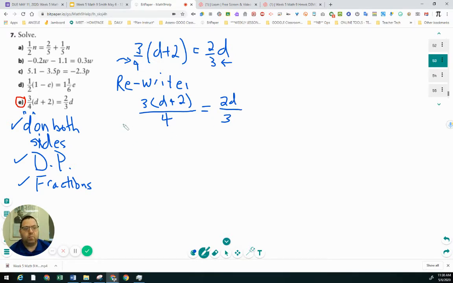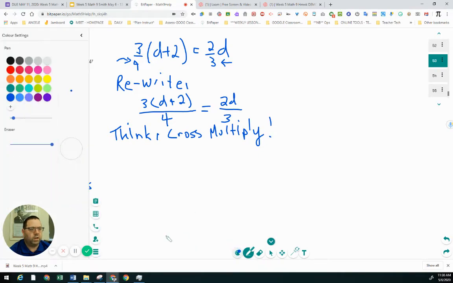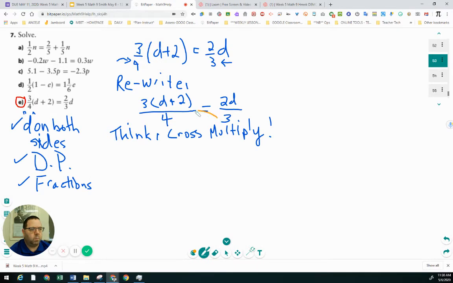Now, why would I write it like that? Because then I'm starting to think, what does this inspire me to do? It inspires me to cross multiply. So on one hand, I'm going to take this denominator and multiply it to everything over here.